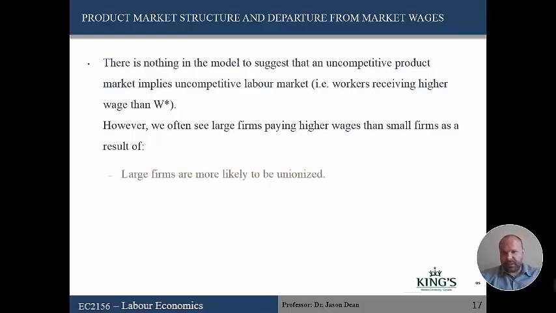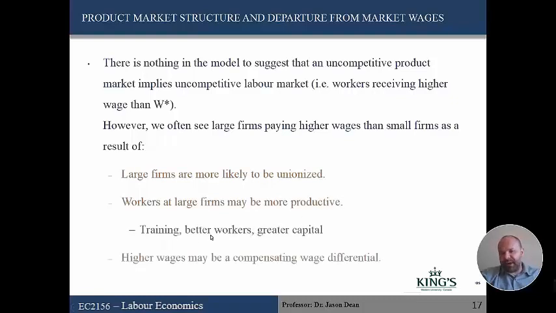Larger firms tend to be more likely unionized, and the union could fight for higher wages for the employees. The workers at larger firms may have better capital or technology, and so they might actually be more productive.